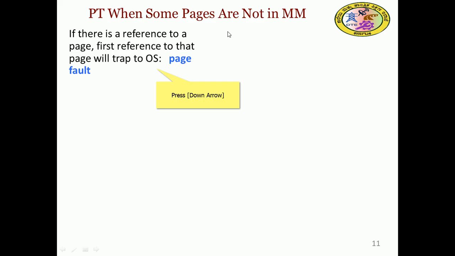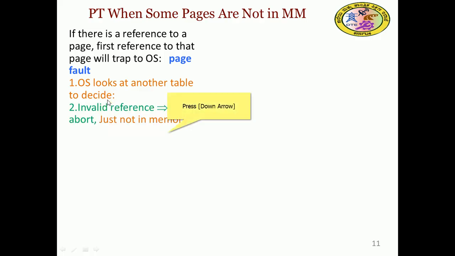In other words, if a new page is demanded and that page is not available in memory, that is a page fault, and such a page we can bring from secondary memory. It needs a certain amount of time, so a page fault is costly. The OS looks at another table to decide. An invalid reference is just one that is not in memory.